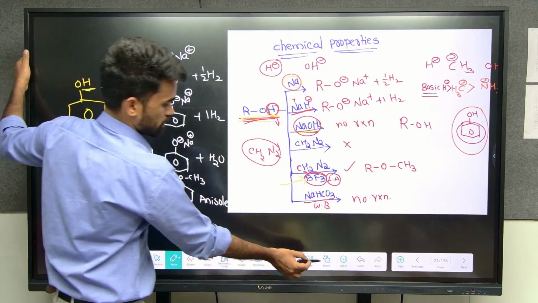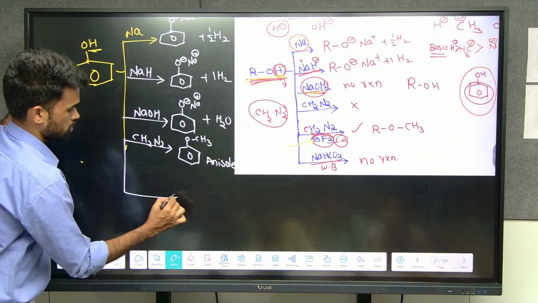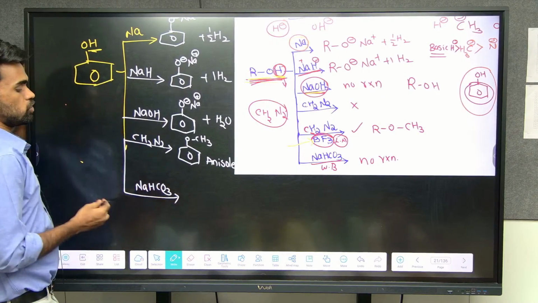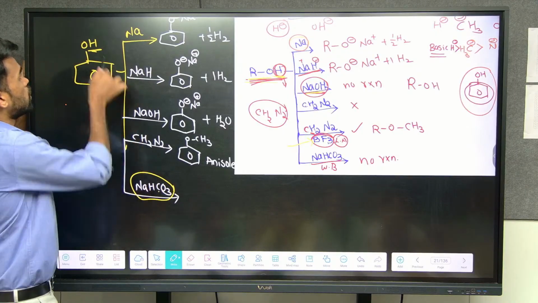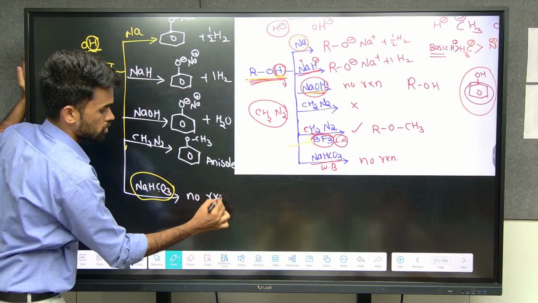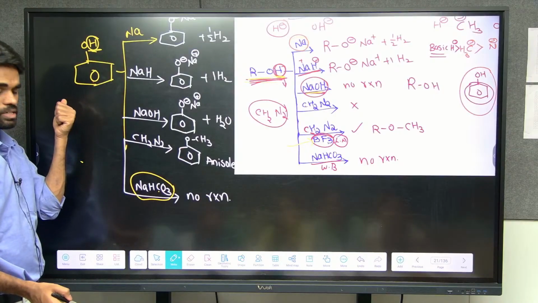Okay, next one, NaHCO3. See what I told you, NaHCO3 is a weak base. This weak base is not even able to abstract this proton. So here no reaction. You can remember alcohols are not reacting, phenol also not reacting.